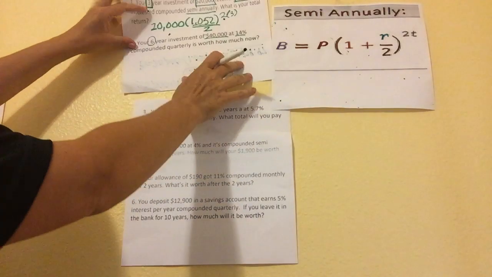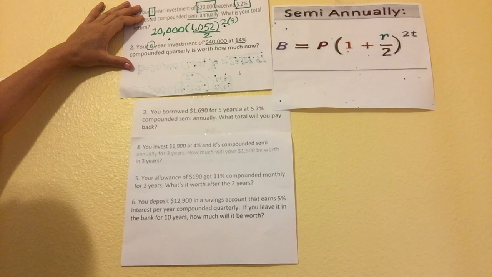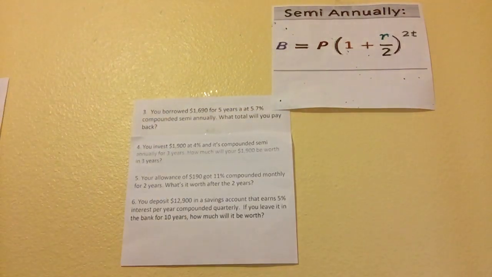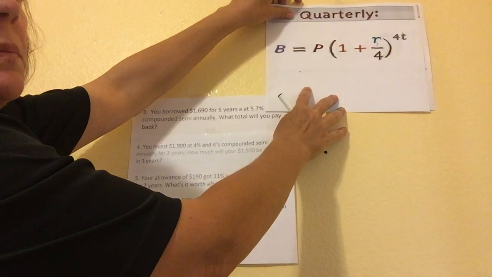All right, for number 2, your 6-year investment of 40,000 at 14% compounded quarterly is worth how much? Okay, so quarterly, we have this formula.